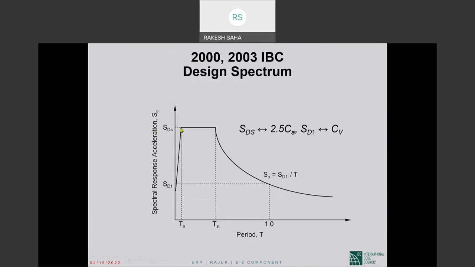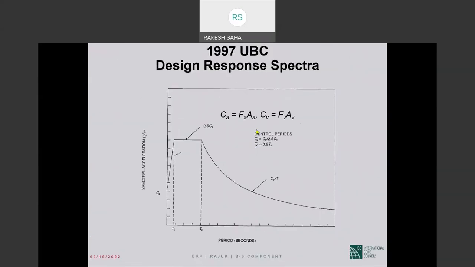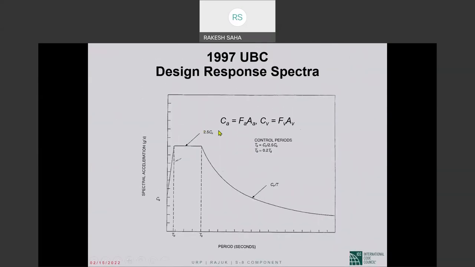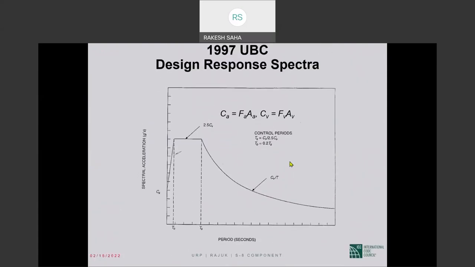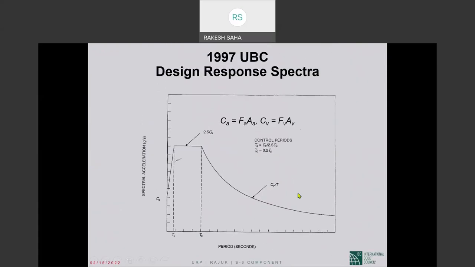The flat top, the constant acceleration part of the spectrum, is defined by S sub DS, and the descending branch by S sub D1. So S sub DS is not the same as, but corresponds to, 2.5 C sub A of the UBC, and the S sub D1 corresponds to the C sub V of the UBC.